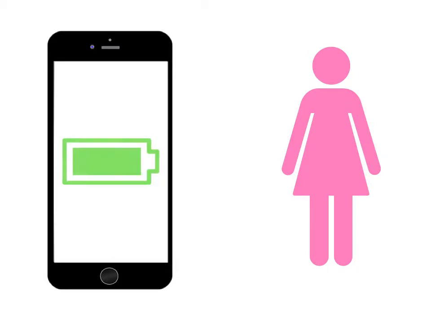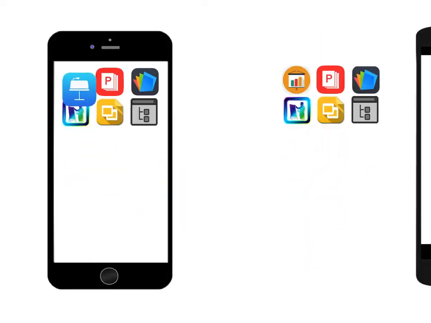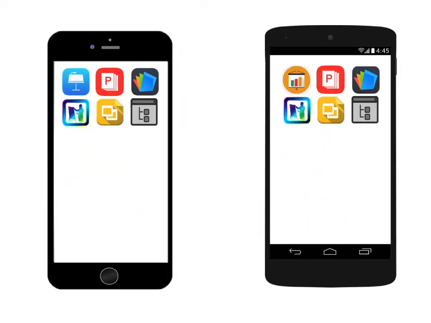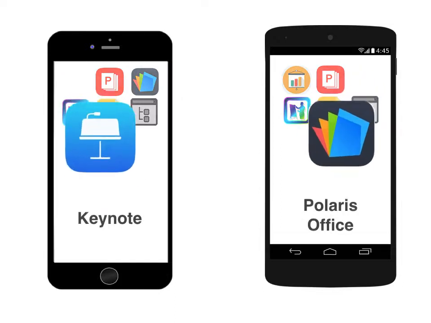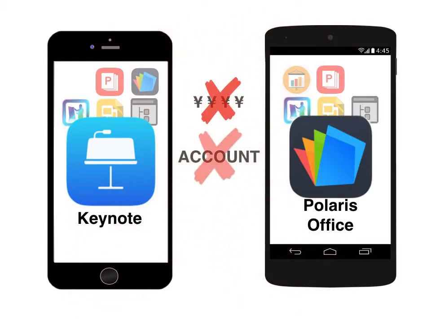Your smartphone should be charged, and you need to download an app that can make presentations. There are many apps that can make presentations. For iPhones, we recommend Keynote, and for Android, we recommend Polaris Office. Both are free apps and don't need an account.